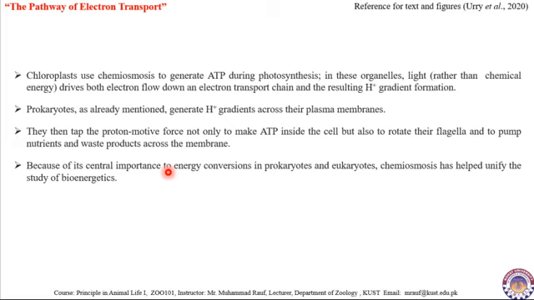Because of its central importance to energy conversion in prokaryotes and eukaryotes, chemiosmosis has helped unify the study of bioenergetics. So it's a process which takes place both in prokaryotes and in eukaryotes. In eukaryotes, it takes place in the mitochondria. Prokaryotes lack mitochondria, so there this process occurs in the plasma membrane, and it not only results in the synthesis of ATP, but also in the movement of molecules and in the rotation of flagella.